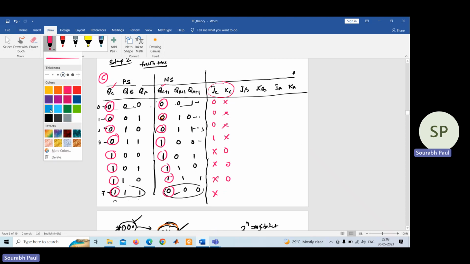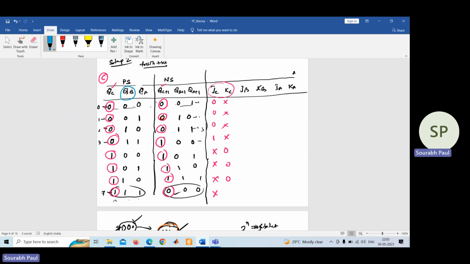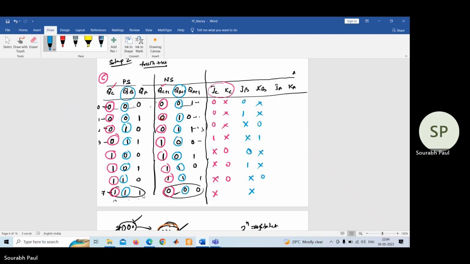Now do the same thing for the second one. Compare QB and QB plus 1. You have 0 0, which means 0x. Then 0 1, 1x. 1 1, that is x0. 1 0, x1. 0 0, 0x. 0 1, 1x. 1 1, x0. 1 0, x1.